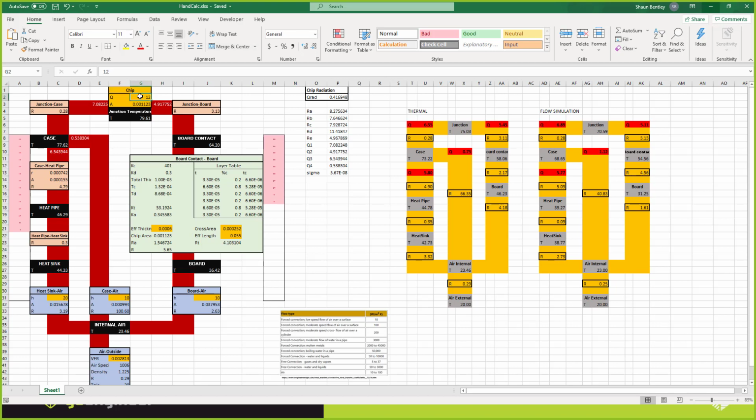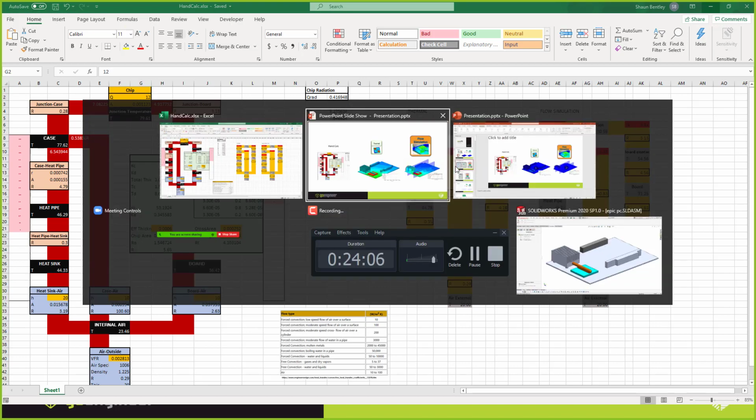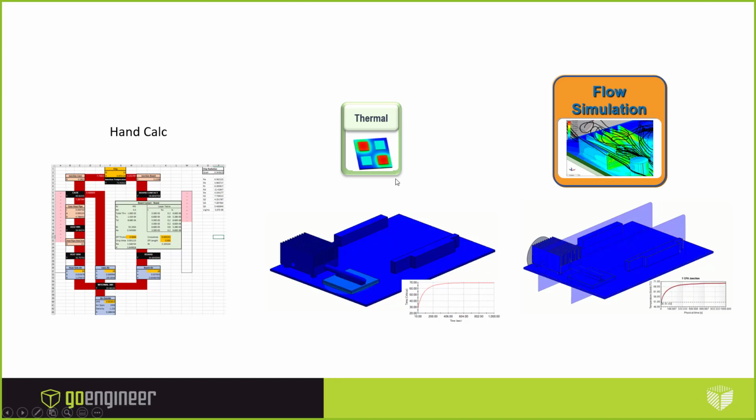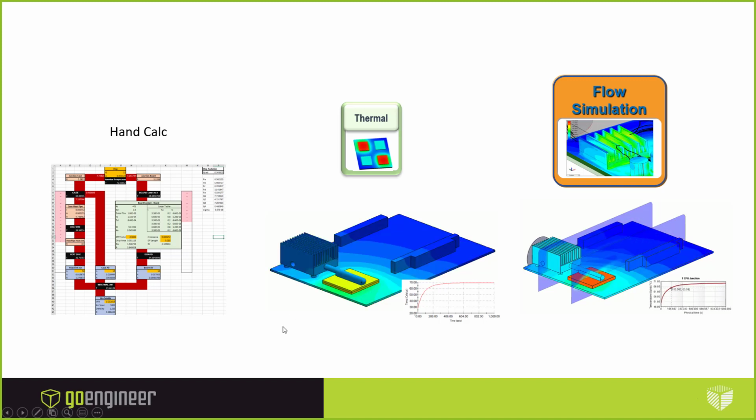It's at the top here, and then the path that follows to get to the ambient. If I just take a look at one of these animations, the chip has to transfer heat through the heat pipe to the heat sink and then to the air. But it also has to transfer heat from the chip down to the board, across the board, and then to the air. It's got a couple of pathways it can take to get to the air.